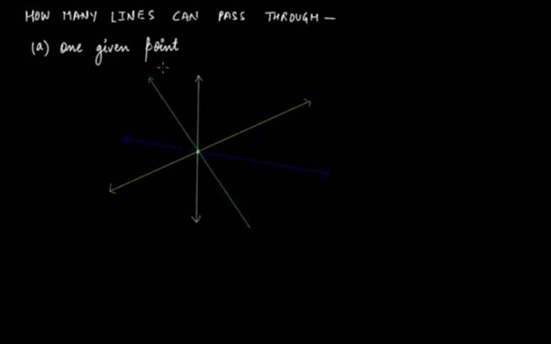So it's very obvious that if you have any one given point and it's being asked how many lines will pass through that point, the answer should be countless. You cannot count that. Why? Because you can draw as many lines as you want. You have this one point, and there can't be any limit on the number of lines drawn through this point.